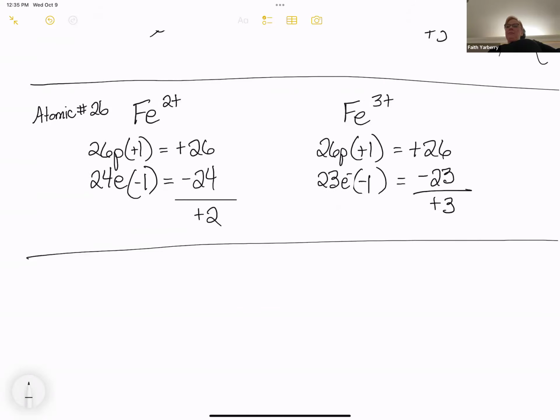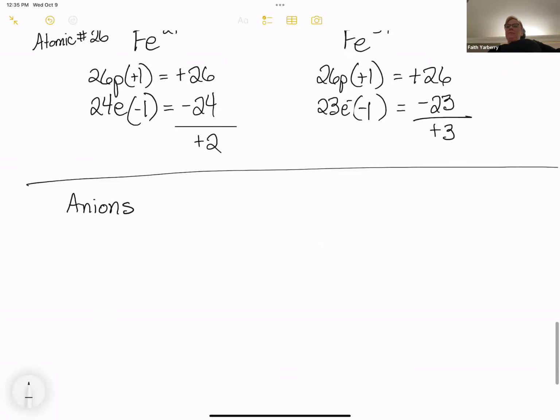Speaking of that, let's talk about anions. There are going to be two types of anions you're going to encounter. They are going to be the elemental anions, which are anions of elements.